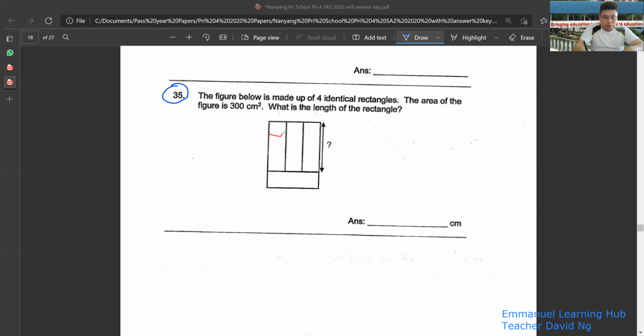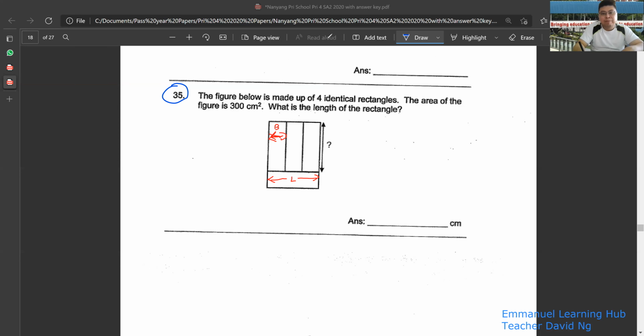The length of the rectangle is equal to how many breadth? This is the breadth. 1. This is 1 breadth. So how many breadth are there here? 2. Okay, the length of the rectangle is how many breadth?